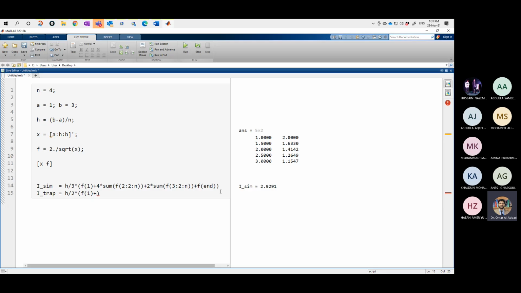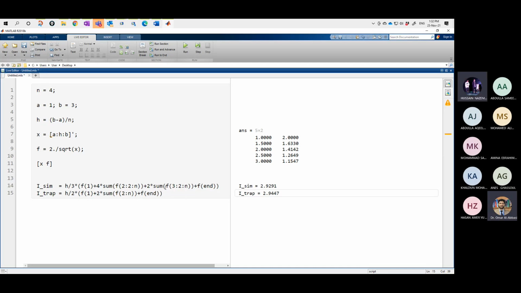Doctor, it was just their sum times the summation of the midpoints, right? F at 2 all the way to n, correct? Plus the function evaluated at the end. I assume that was the value we got last time, 2.9447, isn't it?